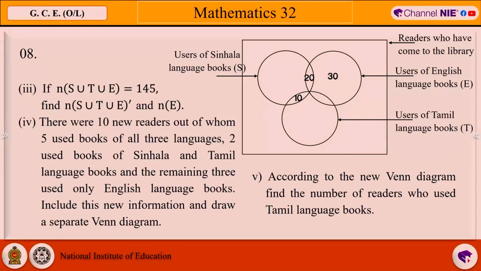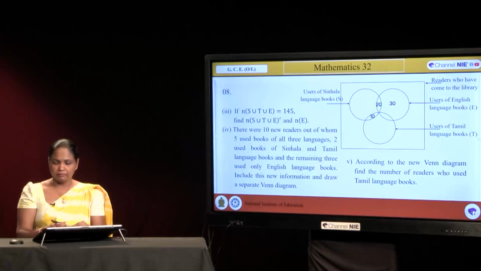It says there were 10 new readers, out of whom 5 used books of all 3 languages, 2 used books of Sinhala and Tamil language, and the remaining 3 used only English language books. Include this new information and draw a separate Venn diagram. Last part of this problem is, according to the new Venn diagram, find the number of readers who used Tamil language books. Okay, we will see one by one.